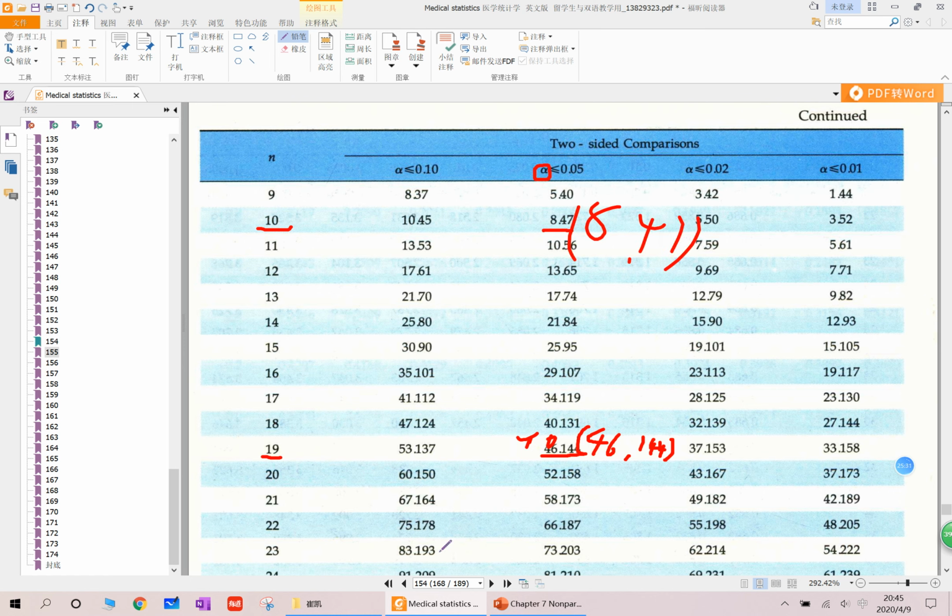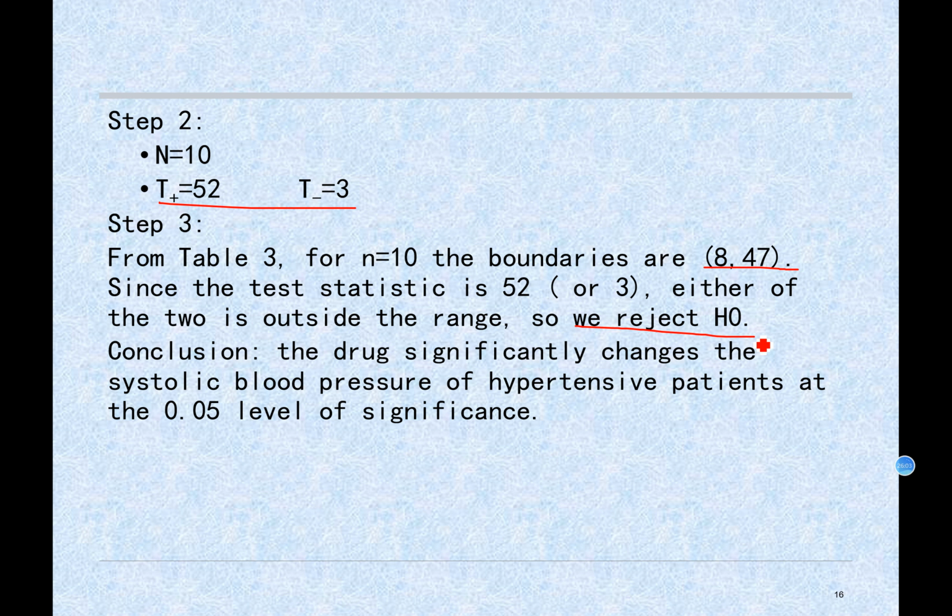So here is the range, and we can find that no matter which number we choose, the two numbers locate outside the critical range. So that means the p is less than alpha. So we need to reject H0 because p is less than alpha.